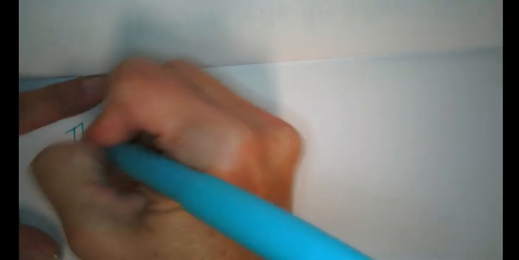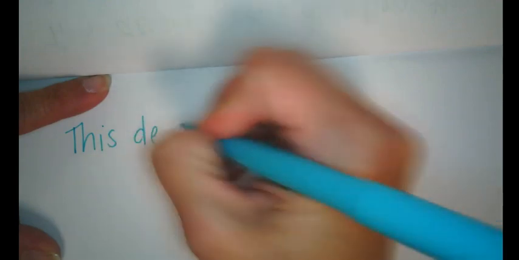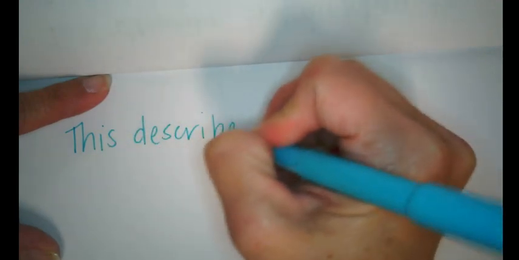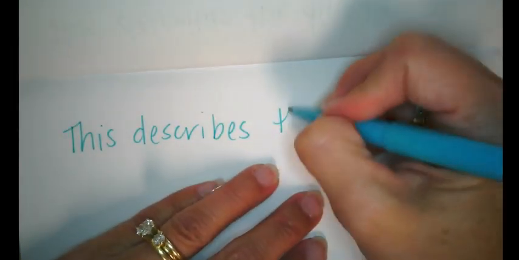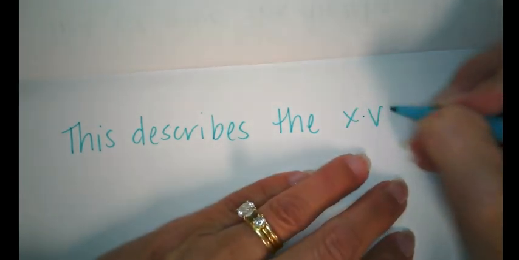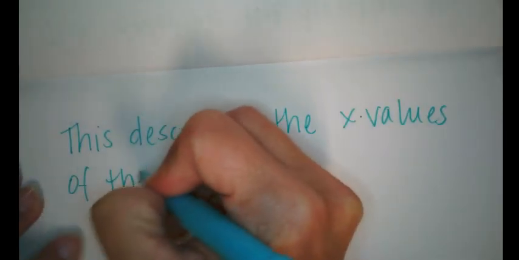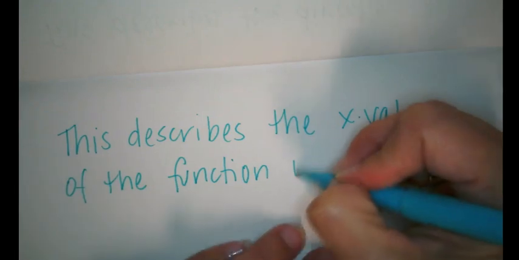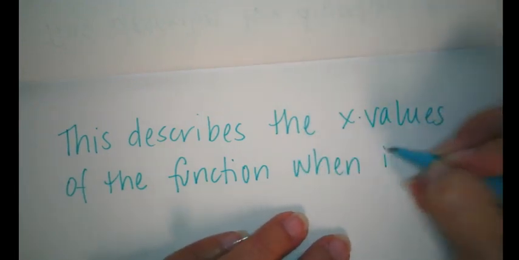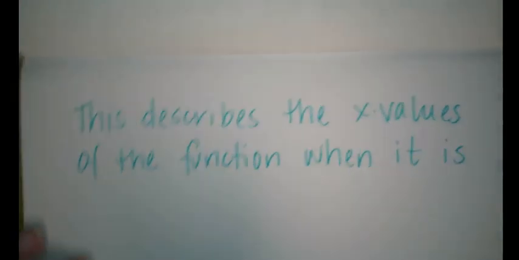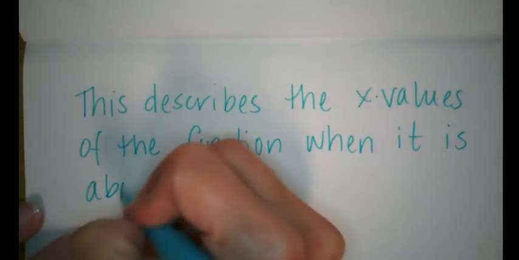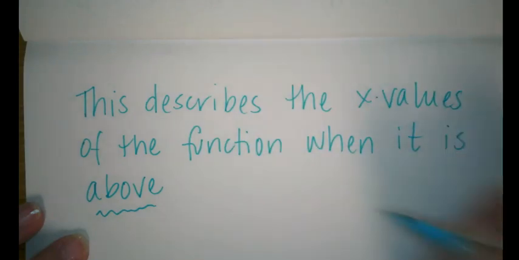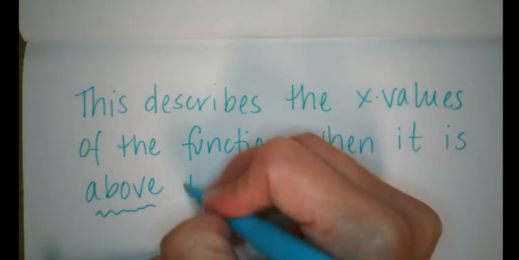So, positive describes the x values of the function when it is above, which is why it's positive, the x-axis.